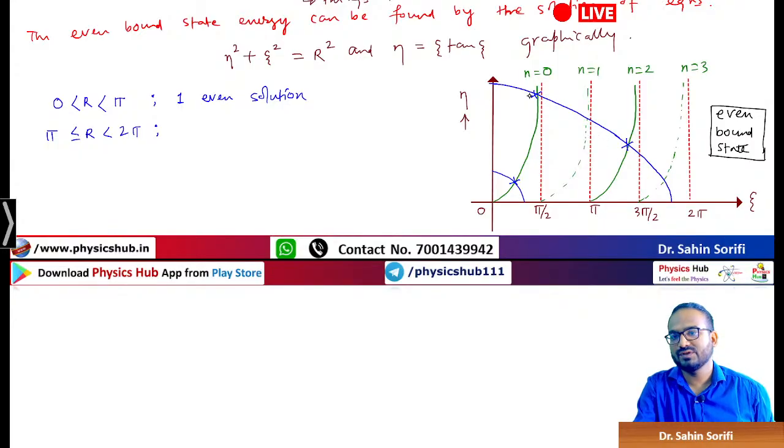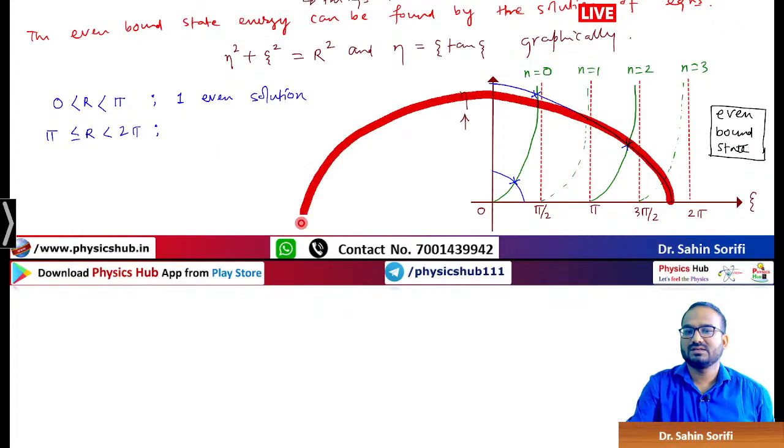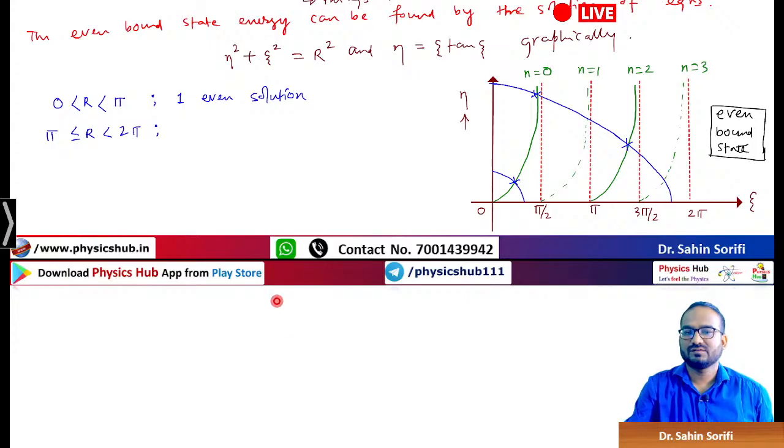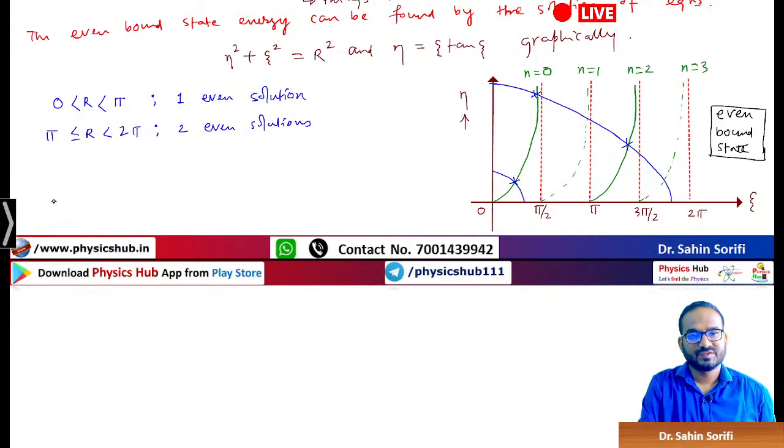But for the time being we are focusing only on the even. So you imagine the circle like this, covering the whole one. So when you keep your radius between pi to 2 pi, how many even solutions do you get? You get 2 even solutions. And when you choose your radius between 2 pi to 3 pi, you will get 3 even solutions.